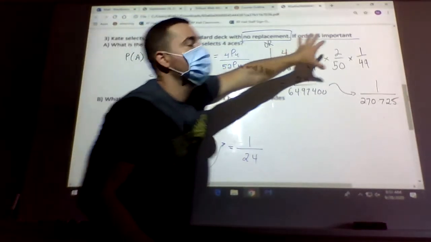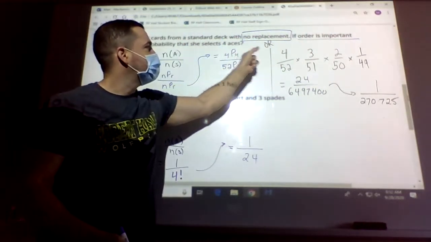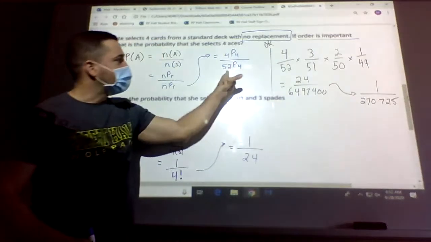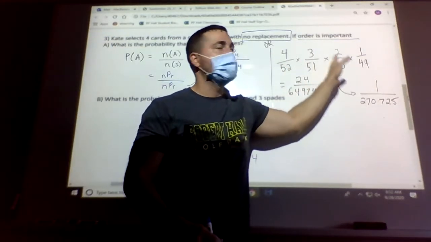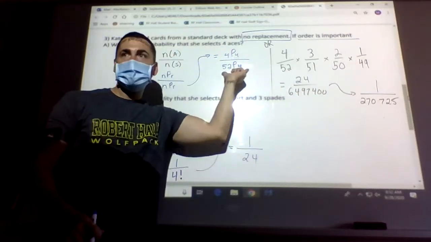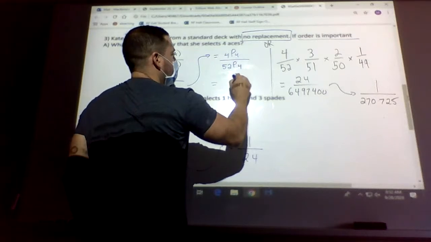So these two are exactly the same. If you expand the numerator, you get 4, 3, 2, 1. If you expand the denominator, you get 52 times 51 times 50 times 49. That's what this is. When you plug that into your calculator, it'll get you right to the answer.